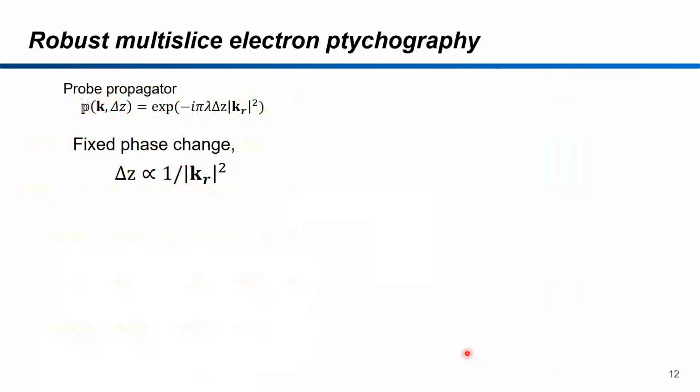So to get a robust multislice electron ptychography, we consider 2 main factors. First is the propagator. You can see this phase of the propagator is proportional to the propagation distance delta z, and also the lateral frequency kr. So to get a significant propagation effect, we need a large propagation distance for lower lateral frequency.